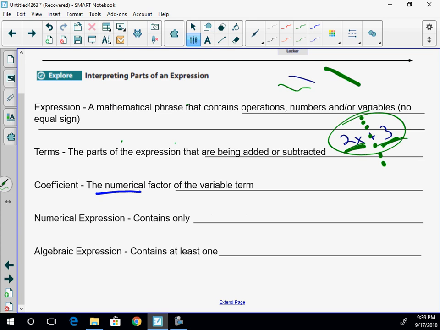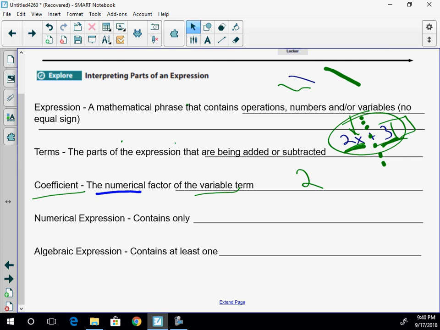Well, my coefficients are the numerical factors of each term that have variables, variables only. That means that the only coefficient of this expression is 2. Okay? 3 has no variable part, so that means that 3 is not a coefficient. Coefficient is like number out front. Okay? Think of it that way.